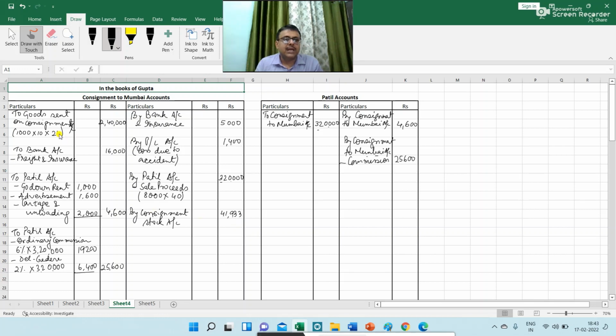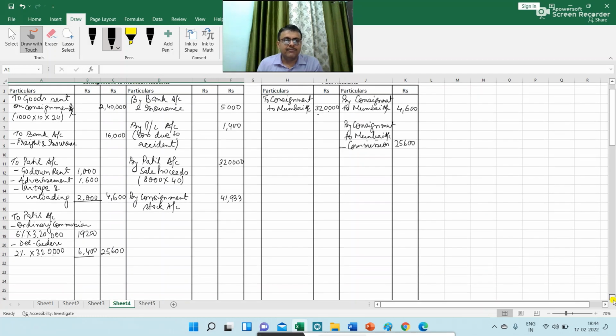And on the debit side, you have goods sent on consignment 2,40,000. Then expense incurred by consignor to bank, that is freight and insurance, 16,000. Then the expenses incurred by the consignee, Mr. Patil. So to Patil account, 4,600, and the commission charged by Mr. Patil is 25,600.